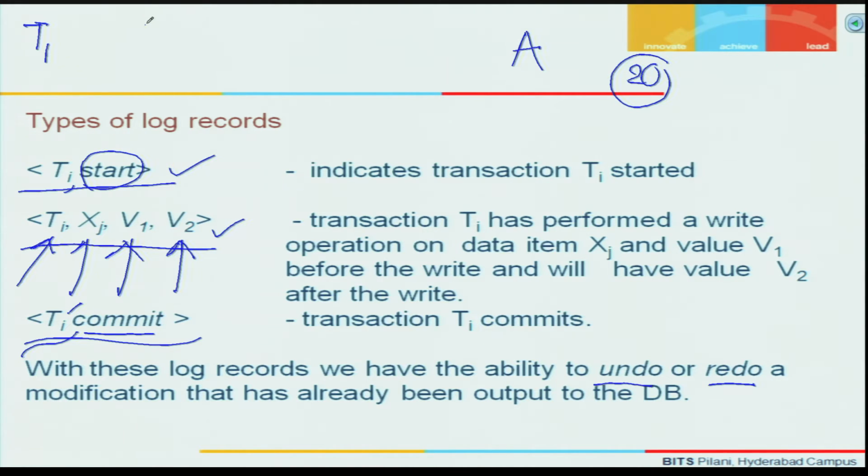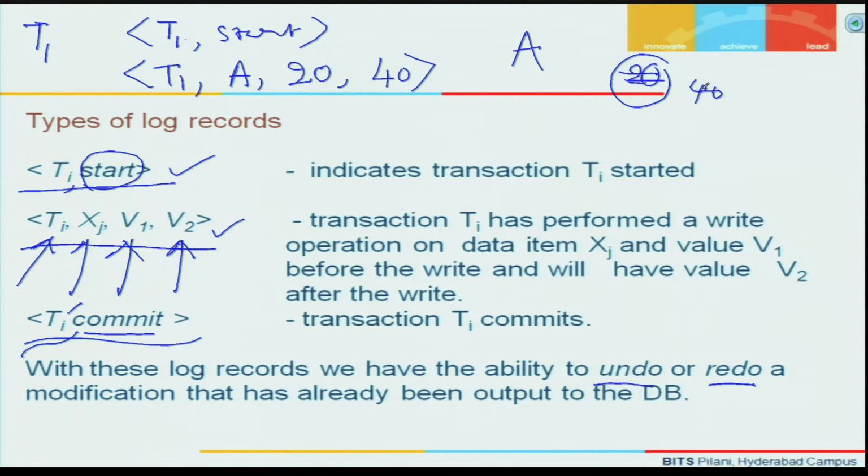When it is started, immediately there will be an entry in the log saying T1 start. And now let us assume that T1 modifies the data item A from 20 to 40. Then we will have an entry: T1 modifies data item A, old value is 20 and new value is 40, and then it is modified to 40.